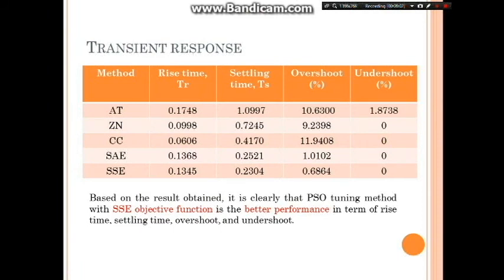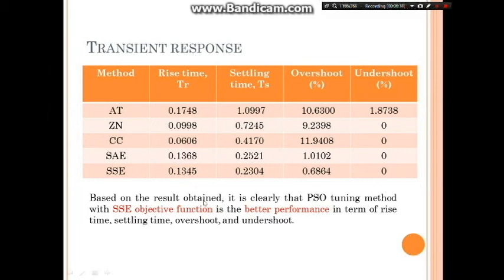This is the information of the transient response for the tuning methods. It shows that Cohen-Coon is the fastest response, taking only 0.0606 seconds to achieve rise time, but it has the largest overshoot.